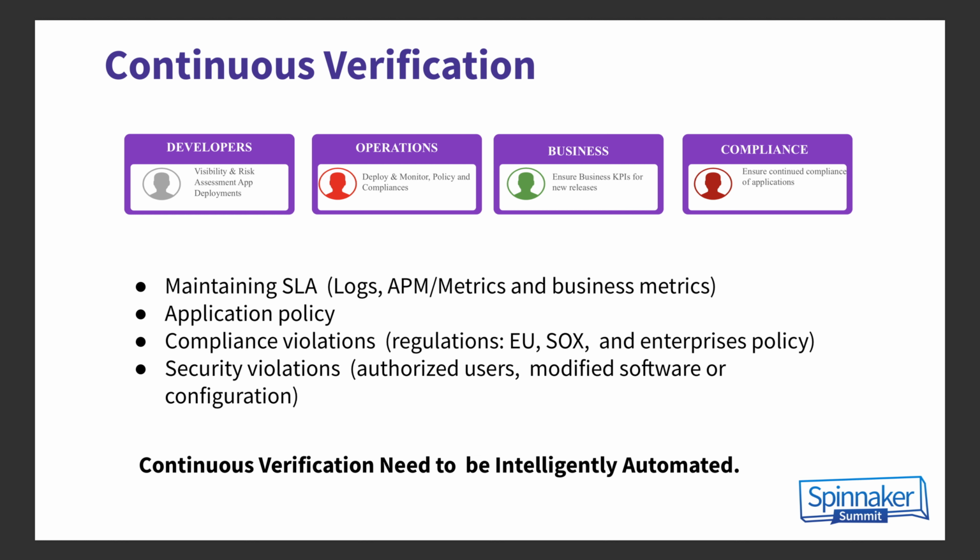For compliance violations, we should be able to check regulations like SOX compliance checks and EU zone issues, and there may be other enterprise policies like who can deploy, what they can deploy, when they can deploy, and who can approve. All of that has to be captured in this verification method. And then security violations: are there any modified behaviors in the software that just got released? Nobody is checking on it, and there should be a way to automatically verify these things as well.